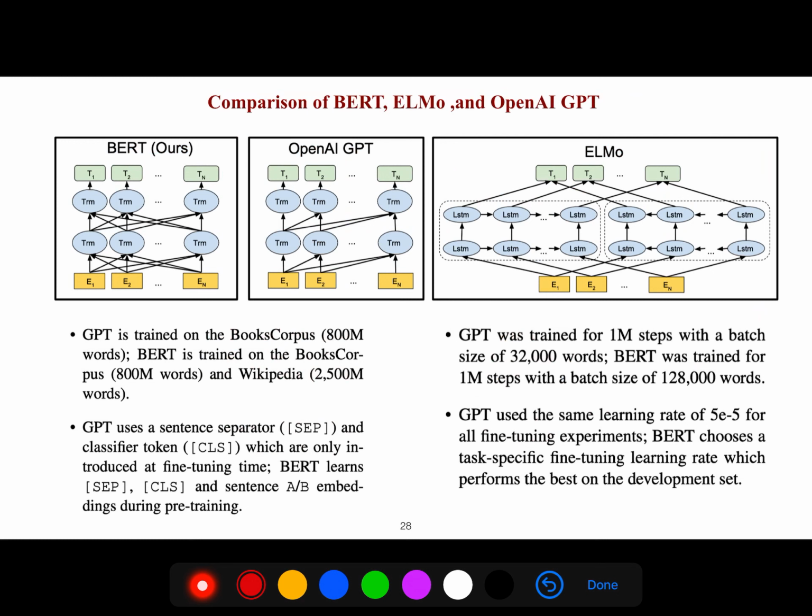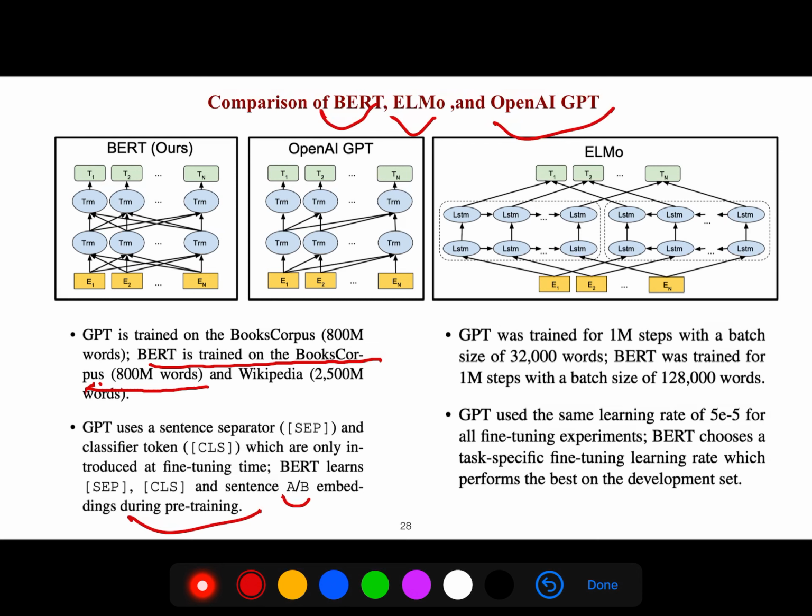So let's compare BERT, ELMo that I explained in my previous lecture, and OpenAI GPT. BERT is trained on books corpus, 800 million words. GPT uses a sentence separator and classifier token, which are only introduced in fine-tuning. But BERT learns separator, CLS and sentence A/B embeddings during pre-training.